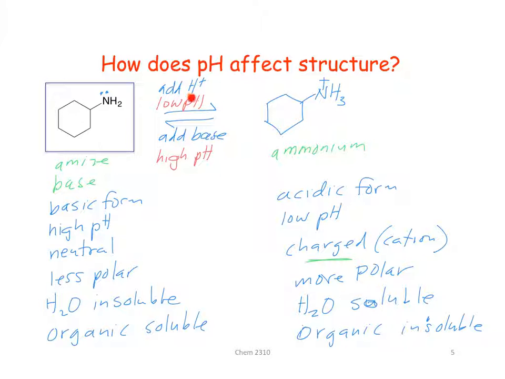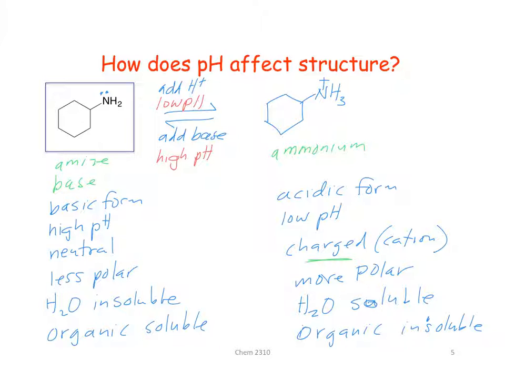It could be 0.1 molar hydrochloric acid or 1 molar acetic acid or something like that. Some acidic aqueous solution would protonate the nitrogen and shift the equilibrium to the right. Once it does that, this species would now become water soluble. If we want to go back to the amine, then we can make that solution basic. We could add some sodium hydroxide to it, raise the pH to a high pH, and then the equilibrium would go back to the left.